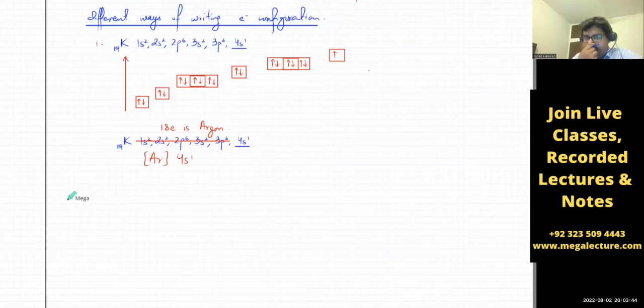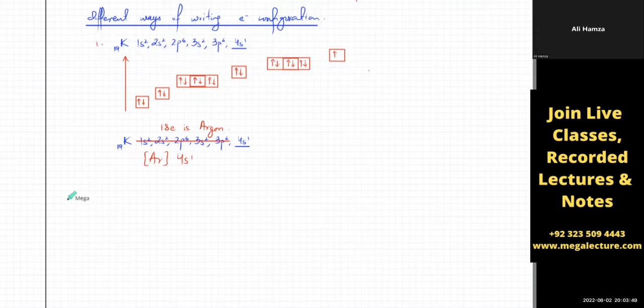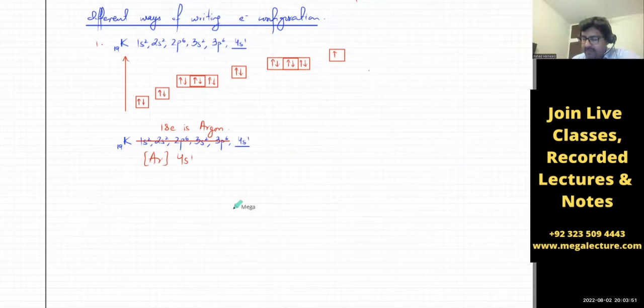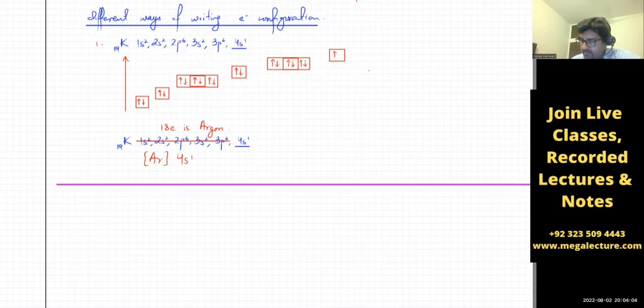One thing is, group wise, when you have transition metals, we're going to do two special cases, which are chromium and copper.